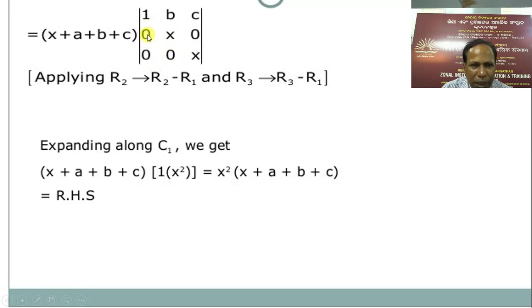Now we can expand it along the first column. So it will be x plus a plus b plus c, and we are left with 1 into the cofactor of 1, that is x square minus 0. So it is x square into (x + a + b + c), that is the right hand side.